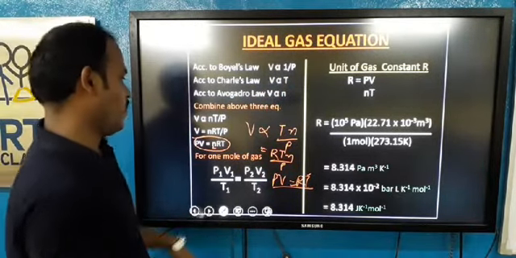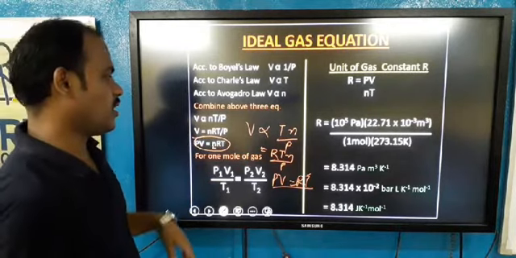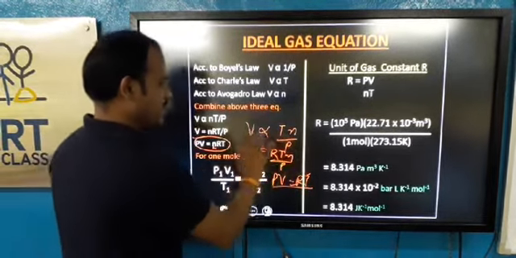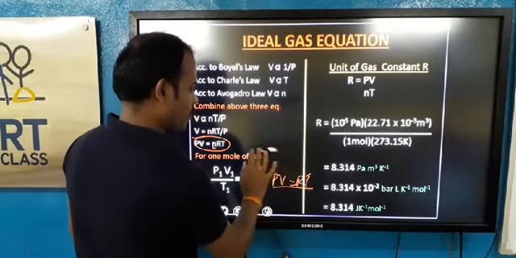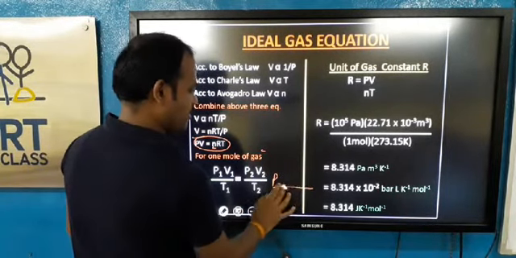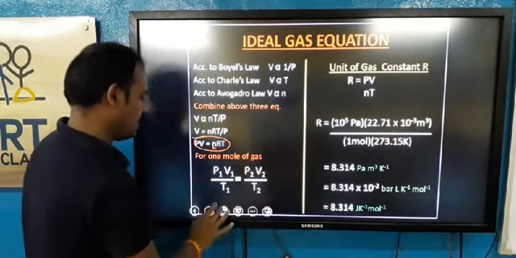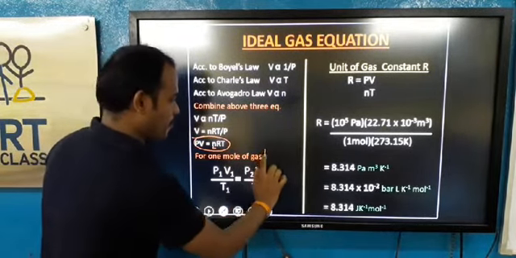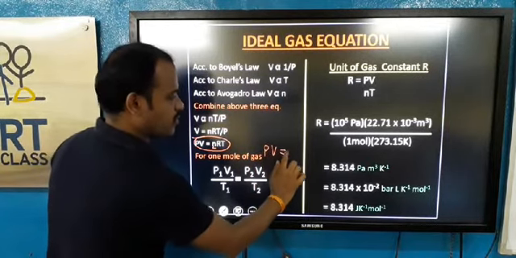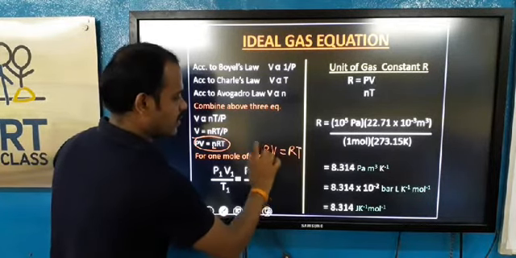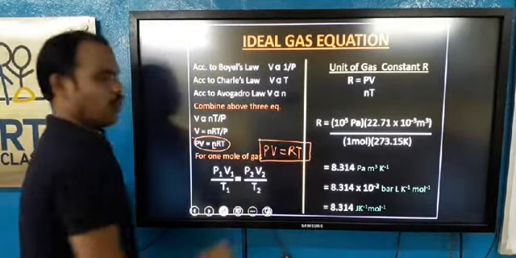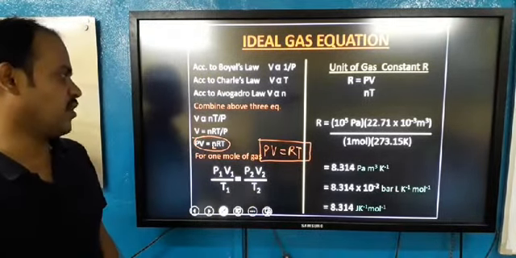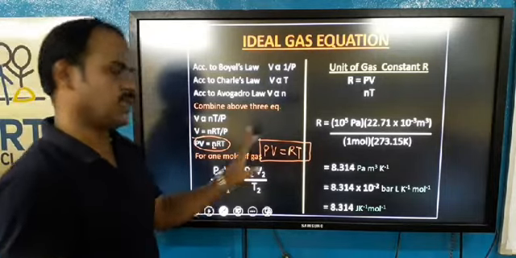For 1 mole of gas, PV is equal to RT. This is your homework for reference: write the ideal gas equation for 1 mole of gas. This will be your answer.